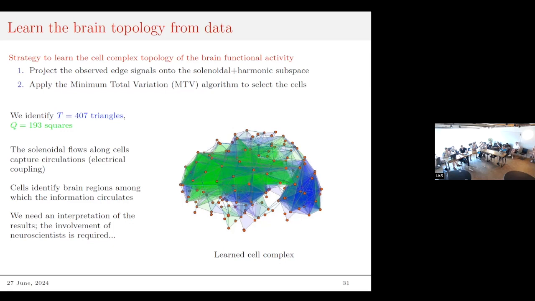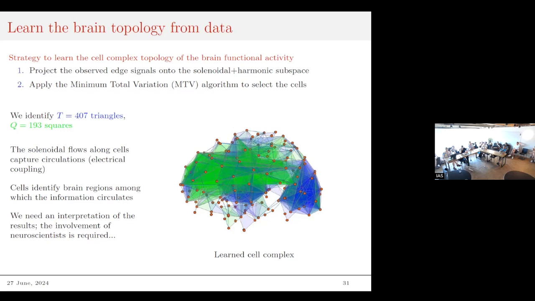In this case, we can see that there is a cluster of triangle signals, and there are also clusters of cell signals. In this particular data set, of course, I don't know why, but we can say that in the case of higher order cells, second order cells, we are able to capture circulation.